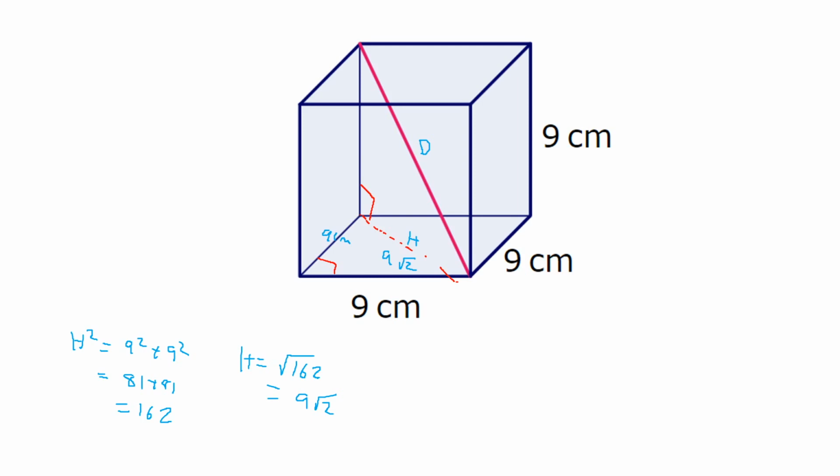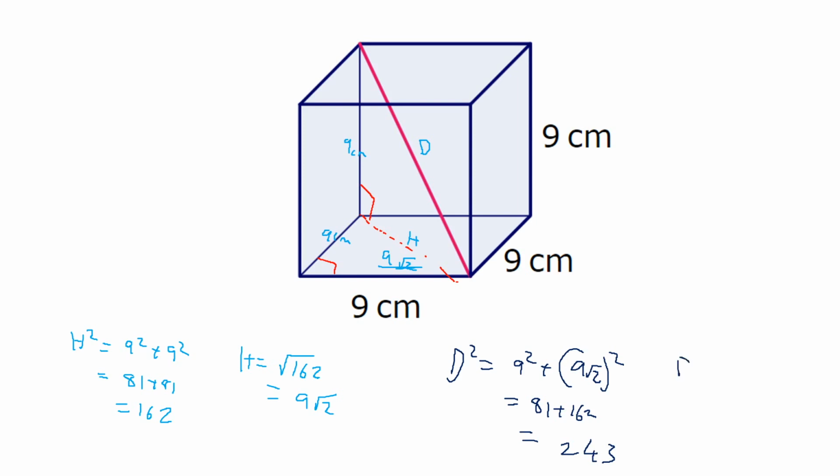And again, we know that this is 9 centimeters, this is 9 root 2. So now let's look for the diagonal. d squared is just going to be 9 squared plus 9 root 2 squared, which we know is 162, because it's just the square root of that. 81 plus 162 is equal to 243.